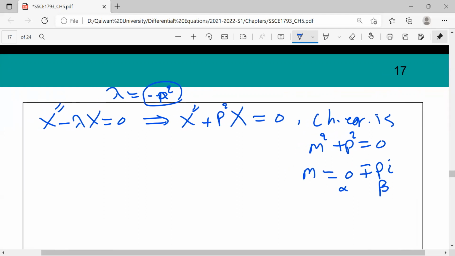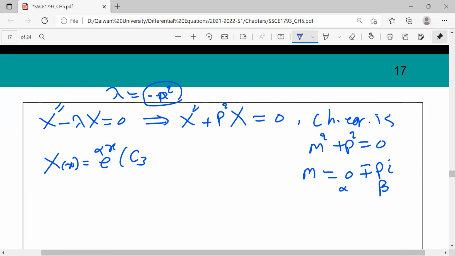For solving for the general solution of a differential equation, if it has two complex roots, we say X of x equals e to the power alpha x times, let's say, C3 cosine beta x plus C4 sine beta x. We use different constants for this one.